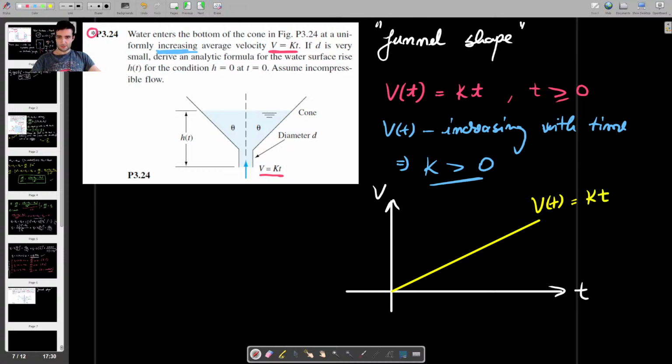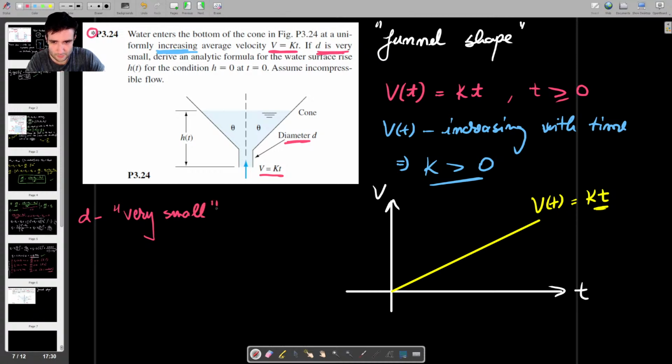So we pump water in this strange looking system with this velocity, and we know that the water goes in through a circular orifice which has a diameter. But we're told that d is very small, so this is definitely going to be useful. So I'm going to say d is very small.